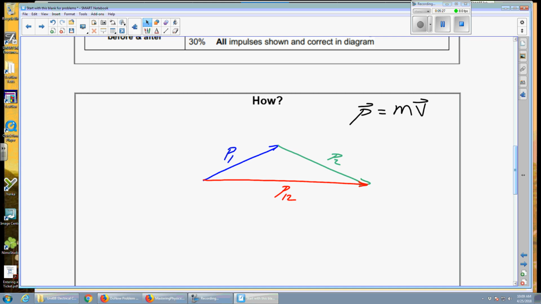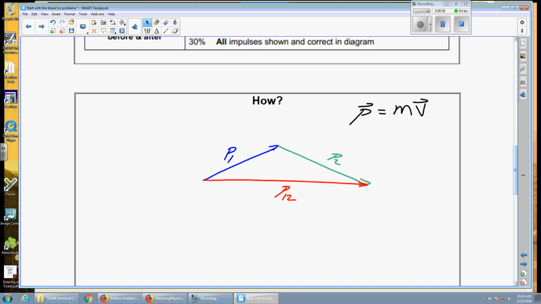I can do it either way. Anybody have a preference? Or somebody please have a preference so we can move forward. Components. Okay. I was hoping for less math. All right, that's fine. We'll do components.